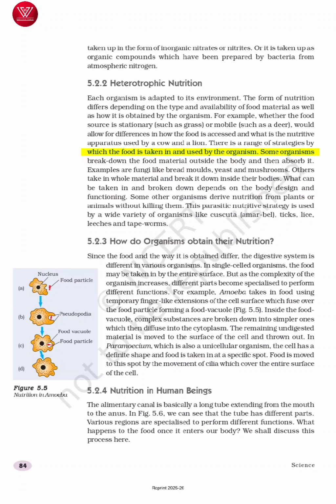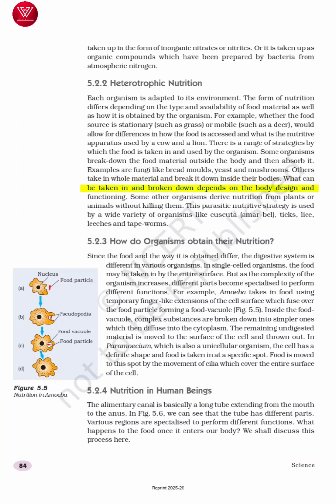the organism. Some organisms break down the food materials outside the body and then absorb it. Examples are fungi like bread molds, yeast, and mushrooms. Others take in whole material and break it down inside their bodies.